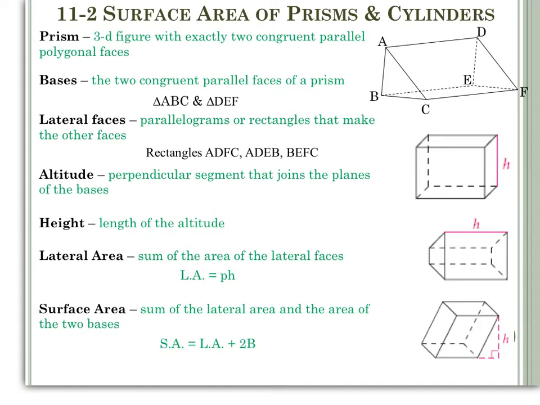Lateral area is the sum of the area of the lateral faces, and we can use the formula that lateral area equals P times H, where P is the perimeter of the base, and H is the height.